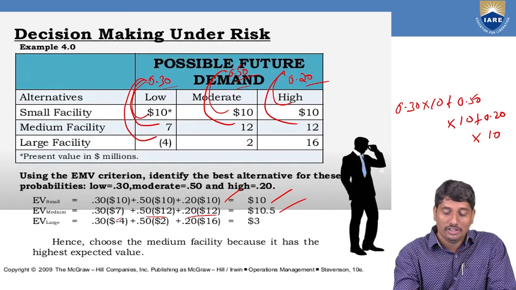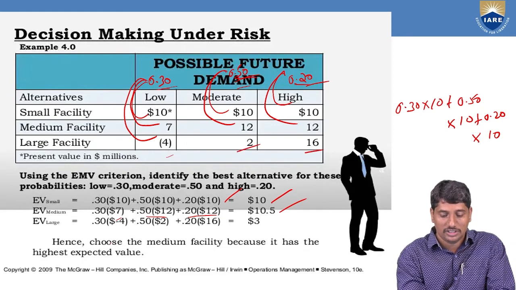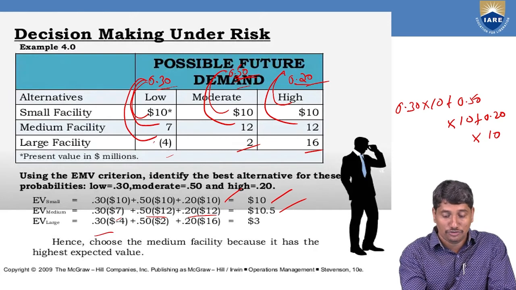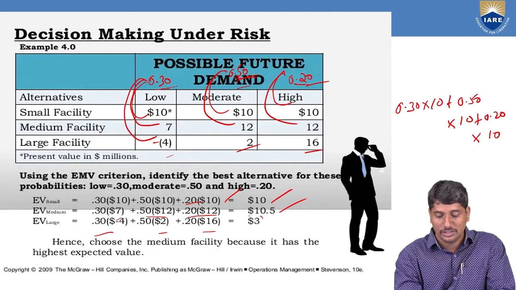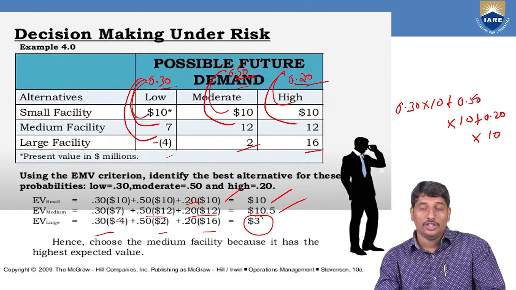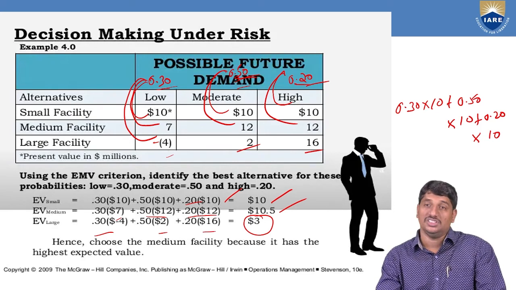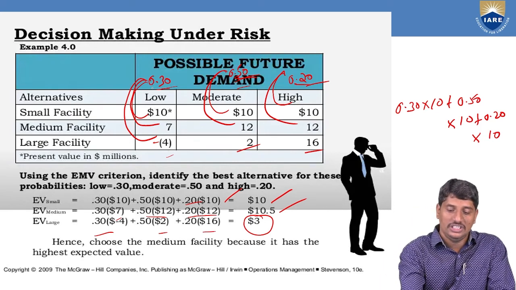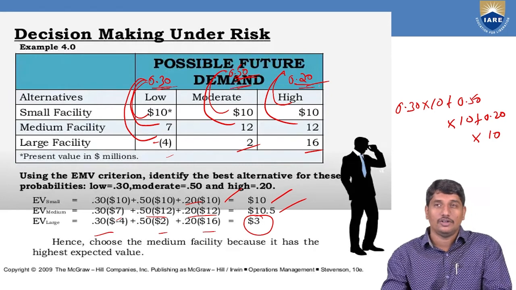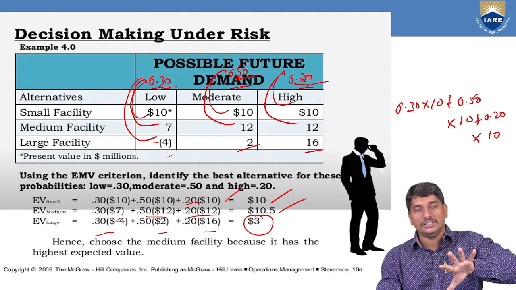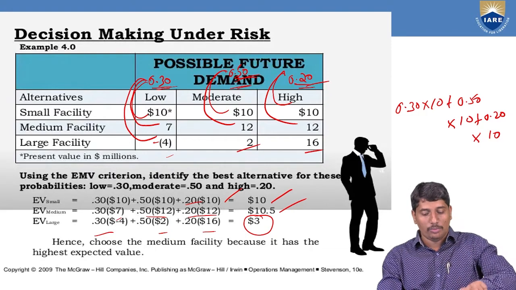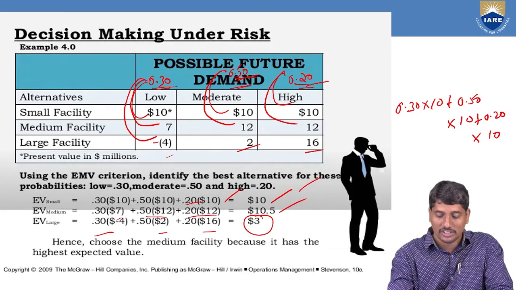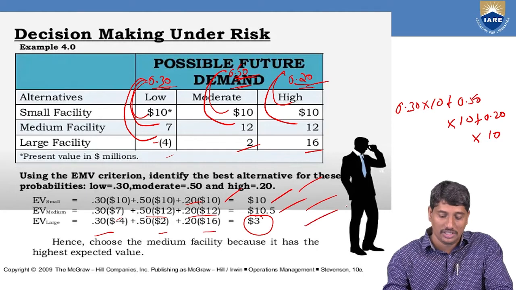Next, correspondingly, weightage into number, that is 0.30 into minus 4, plus 0.50 into 12, plus 0.20 into 16, that is $3 million on an average. You are expecting a monetary profit under the large facility with these probabilities. That means we are fixing some probabilities, and under these probabilities we are expecting these profits: $10 million on an average, $10.5 million, $3 million.